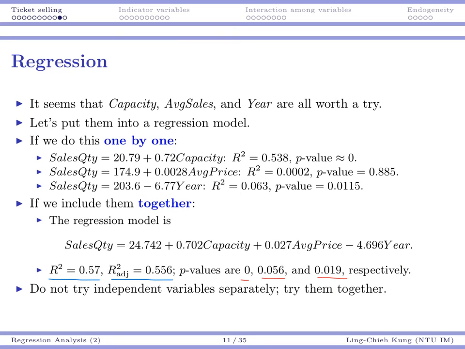So at the 5% significance level, year is significant. Average price, the impact is small, but still it's significantly not 0 if we take 10% as the significance level. So once you put all the 3 variables into one model directly, we can say they are all significant. They all have some impact. So do not try independent variables separately, try them together.